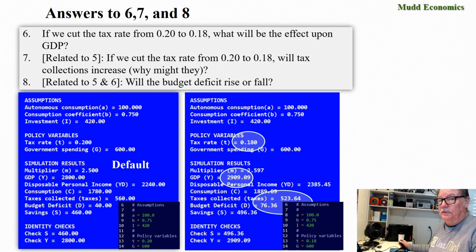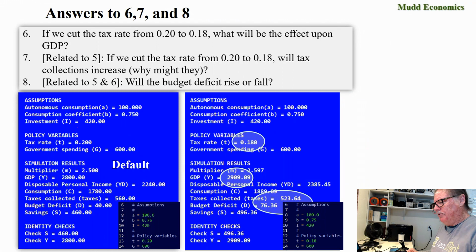So it certainly does not pay for itself. There's a rather sizable decrease, I should say, in the tax rate. It's a 10% decrease in the tax rate, but it really has a strong effect upon budget deficits.